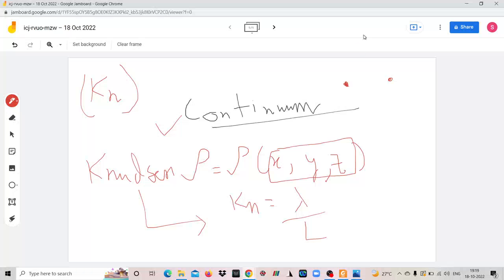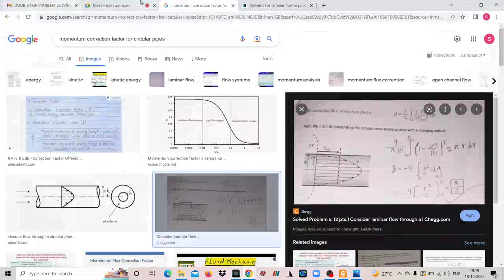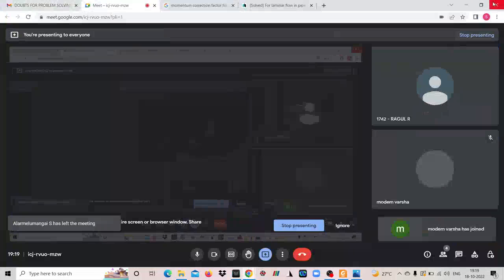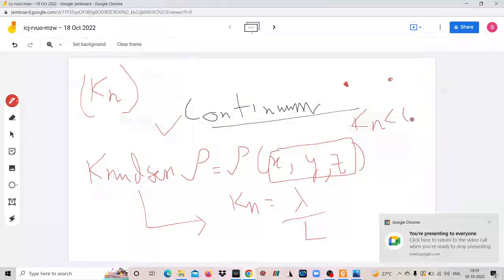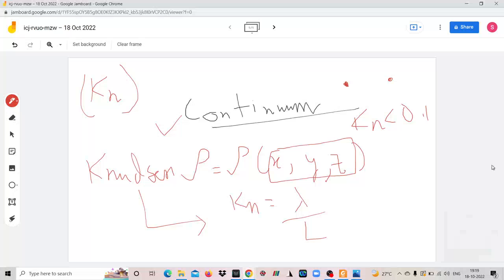Now, you have told a very important limit. If the Knudsen number is less than 0.1, then the continuum hypothesis is valid.